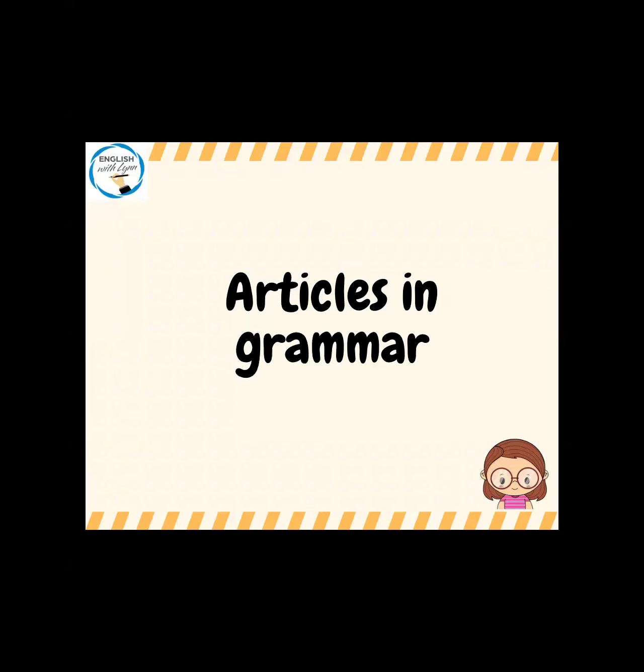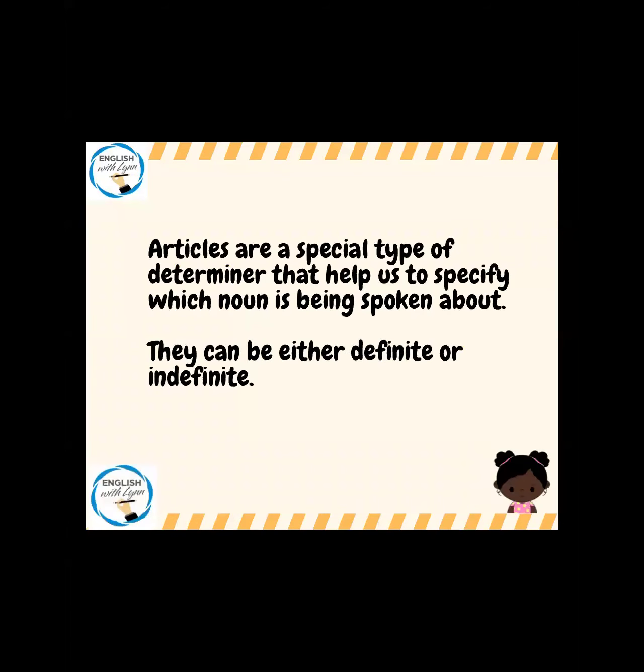So when we speak about articles in grammar, we are talking about a special type of determiner, and they help us to work out which noun is being spoken about. There are only three words in this word class: a, an, and the.